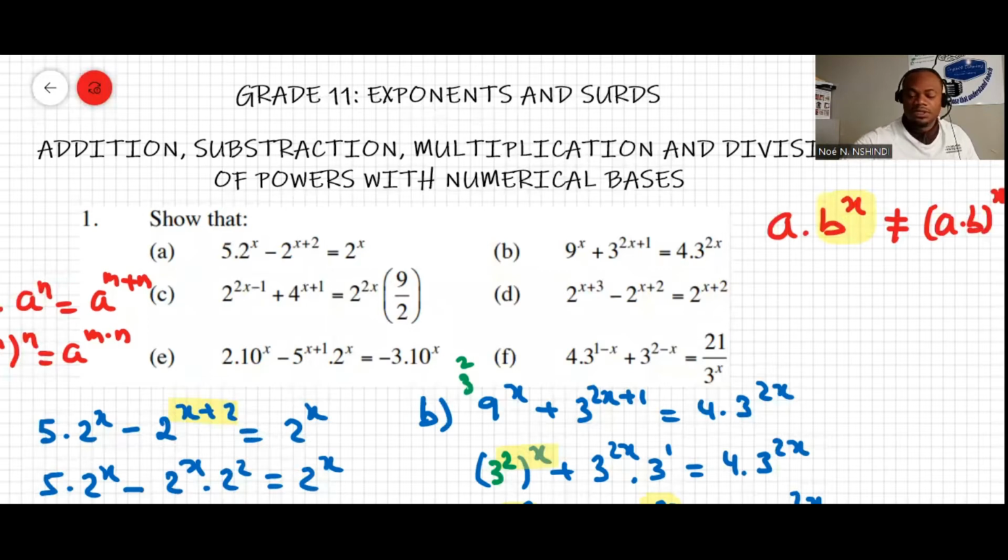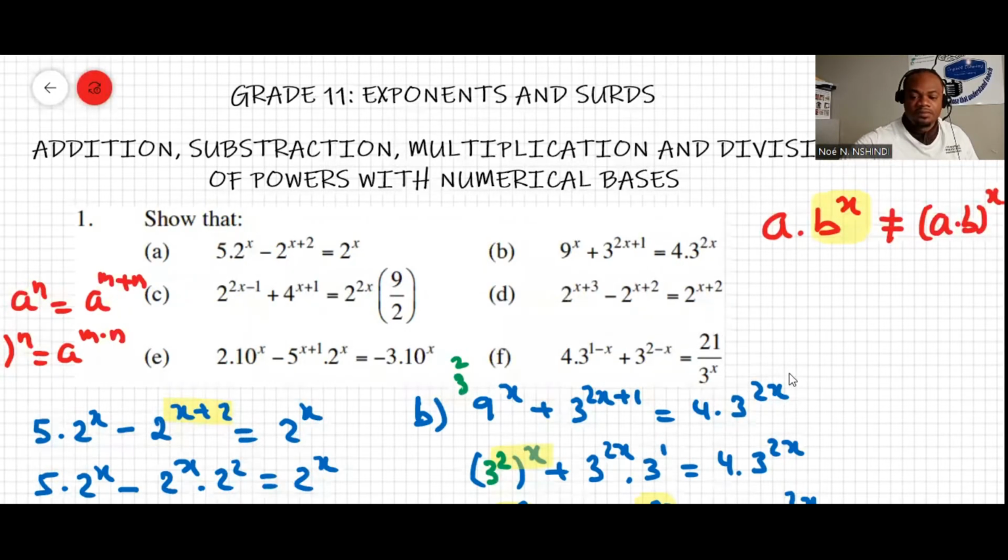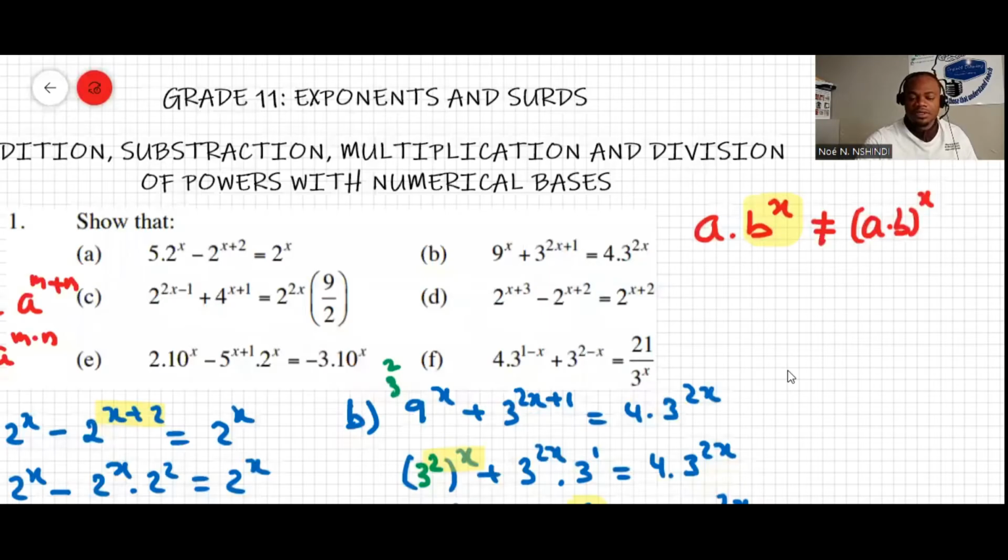We cannot do that. It's not the same thing, okay? This a will be just a constant, and that b will be the base, and then the x here is the variable.